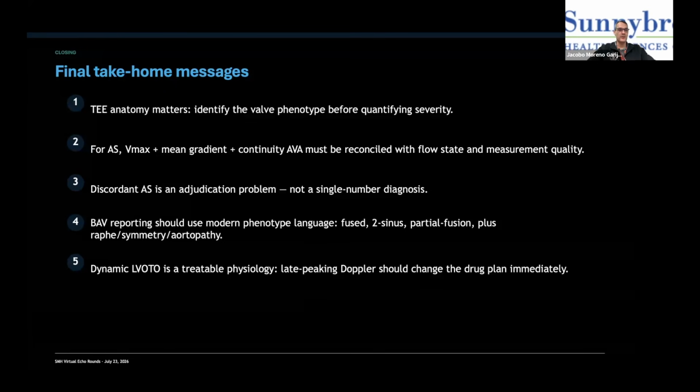When we report congenital bicuspid aortic valves, remember that in 2021 we have a new classification, and that's the one we should be using. And dynamic LVOT obstruction is definitely something that we can treat very fast, so we can help the patient instead of treating the patient blindly without knowing what the problem is.